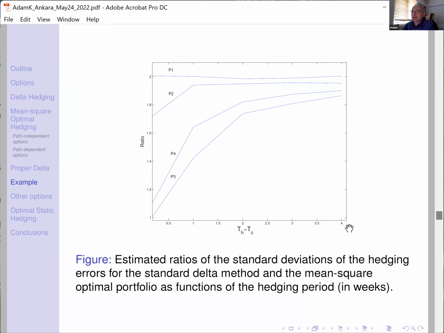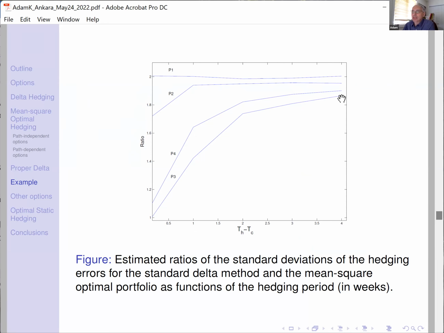So over the x-axis, we are looking at different lengths of hedging periods. If the main component, the quadratic component, is not large compared to the linear component, the correction is quickly working well. So here we are looking at the ratio of standard deviations, not variances.